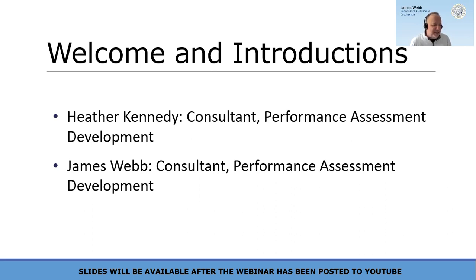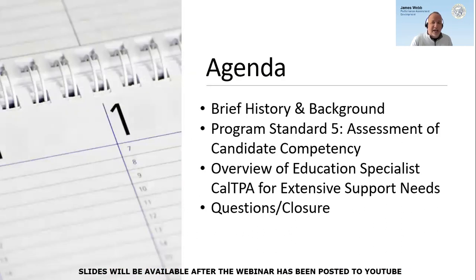We do have an agenda for today, just to go over some of the important elements. I'm going to just give a very brief history and background of where we have been and where we are now with regard to the development of the teaching performance assessment. I'm going to emphasize some important elements with Program Standard 5, the assessment of candidate competency in the education specialist program standards.